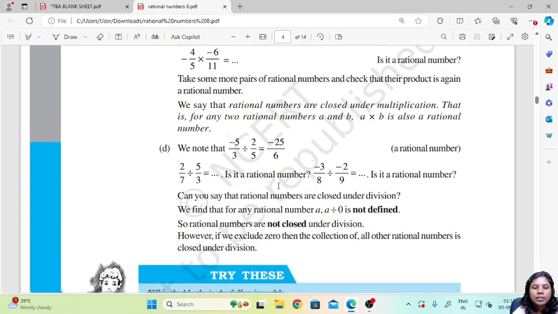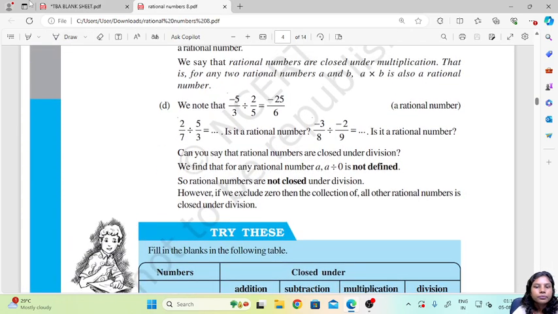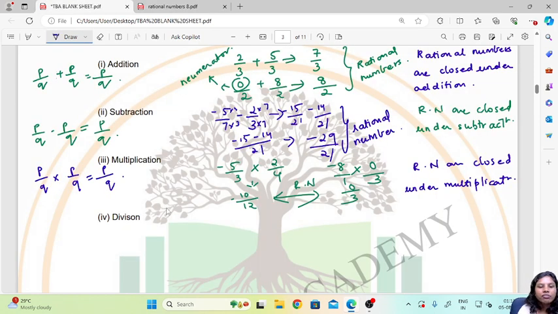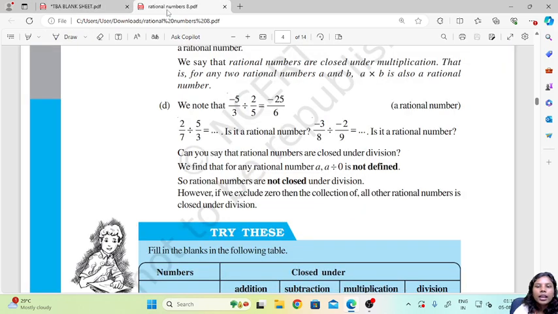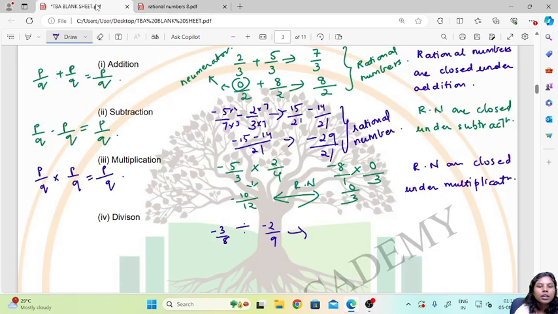Last, let's look at the division part. Say I have minus 3 by 8 divided by minus 2 by 9. Now on further dividing, I will get minus 25 upon 9, which is not a rational number.